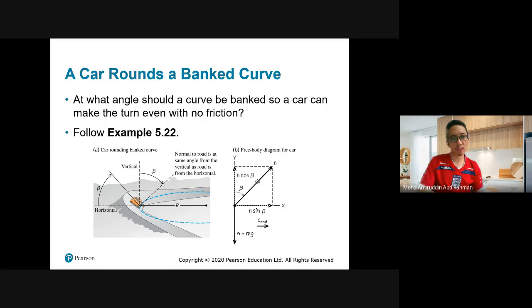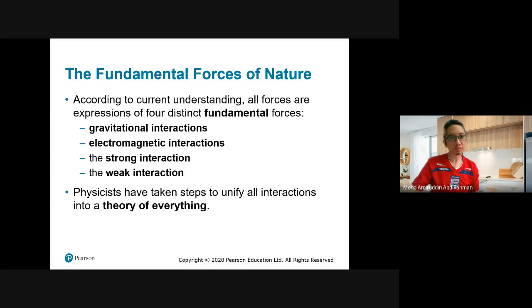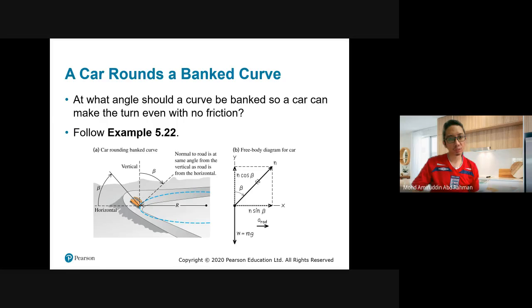We have N cos beta along the y-axis and N sin beta along the x-axis. And as usual, because it's circular motion, we have the acceleration towards the center of the circle. So that is the free body diagram for the car.